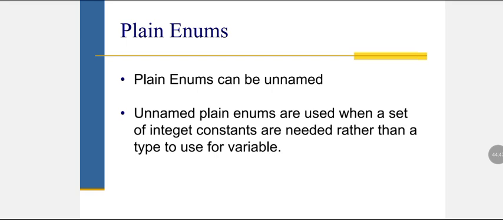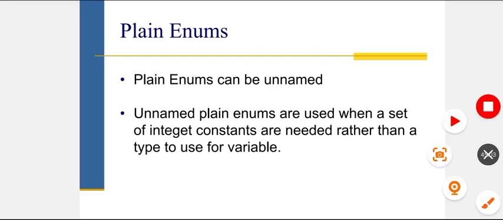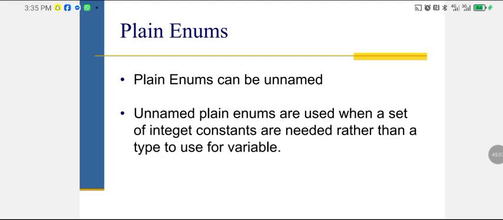Unnamed plain enumerations are used when a set of integer constants are needed rather than a type to use for a variable.